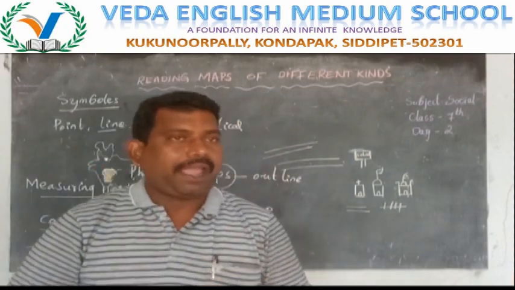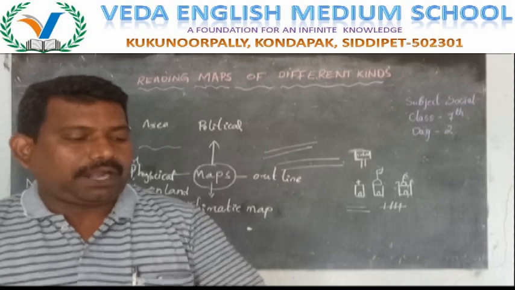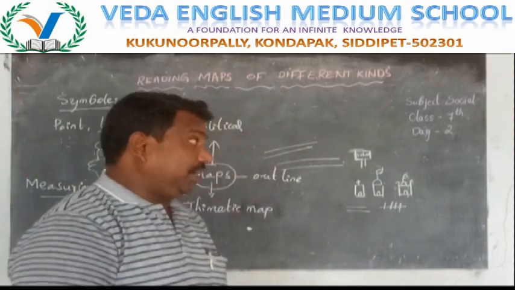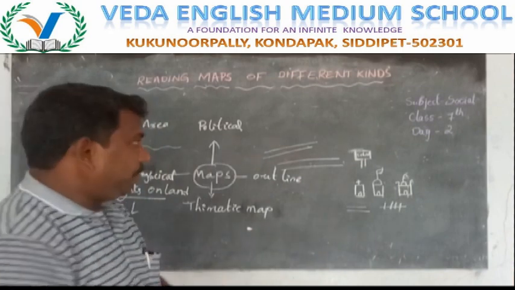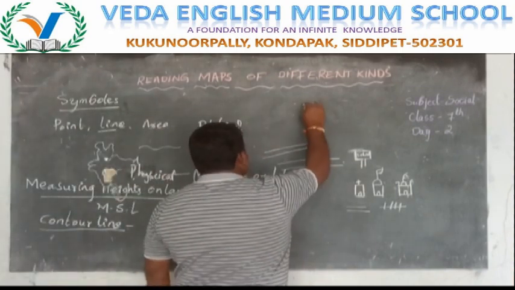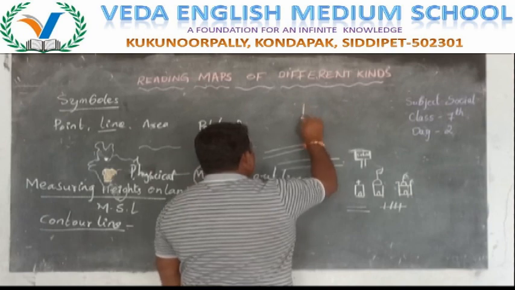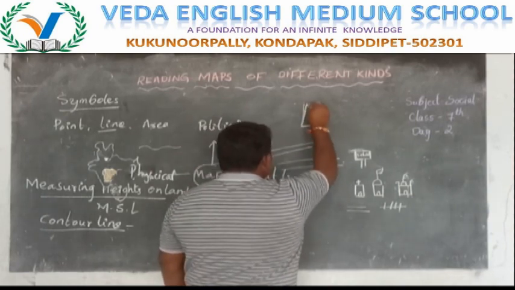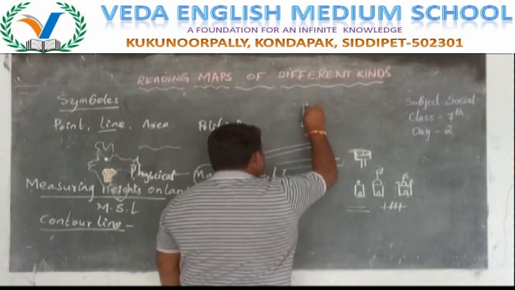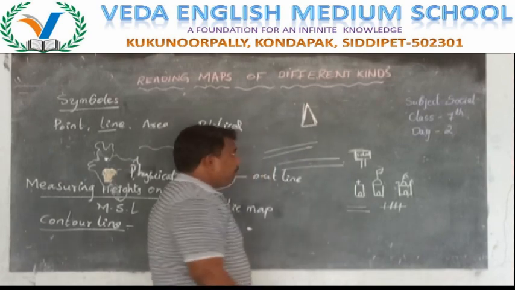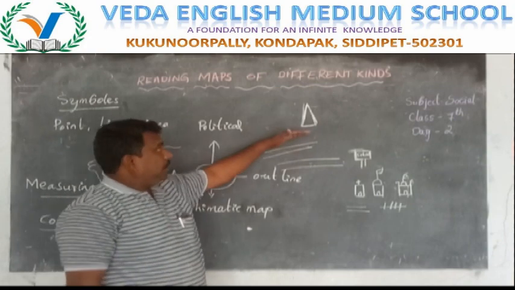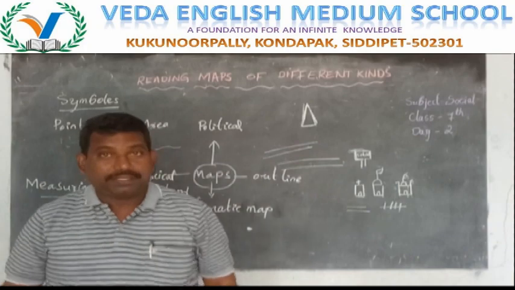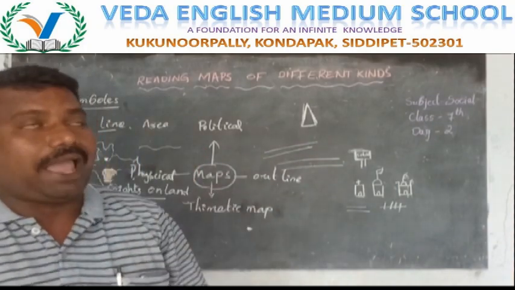If the land has a steep climb, then the contour lines will be near to each other. What do you mean by the steep climb? If the slope of the place is like this, it is called the steep slope or steep climb.